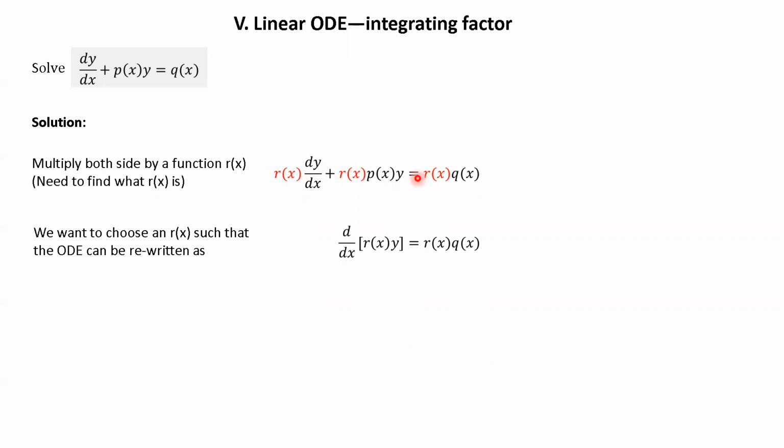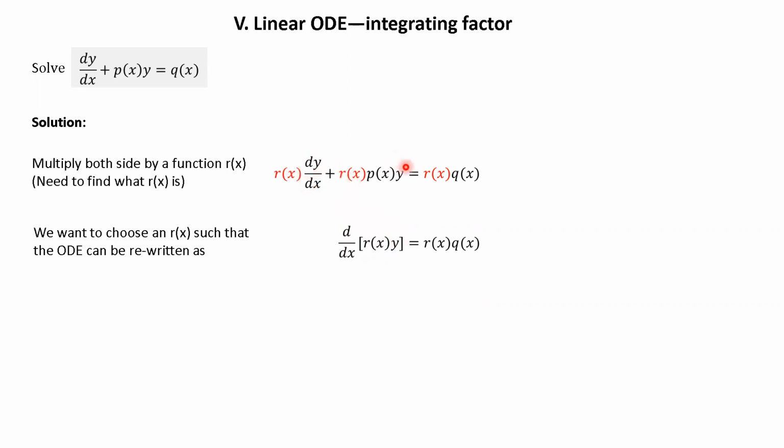The purpose is that after doing this, we hope that by carefully choosing r of x, the left hand side can be written as the derivative of this product r times y.